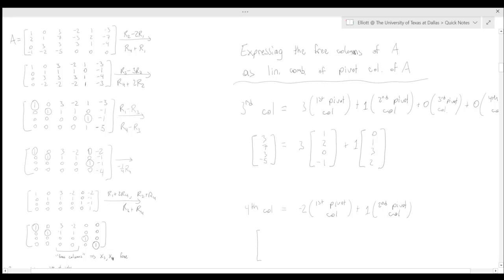And then just looking at the original matrix, the fourth column was -2, -3, 3, 0. If you do -2 times the first column of A, +1 times the second column of A, we should find that this combination does indeed produce the fourth column of A, okay?